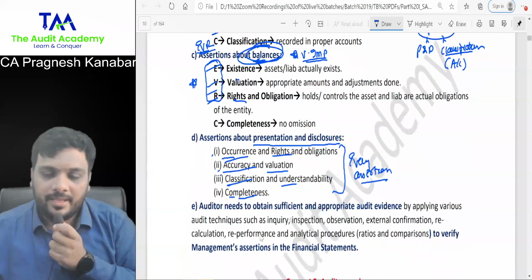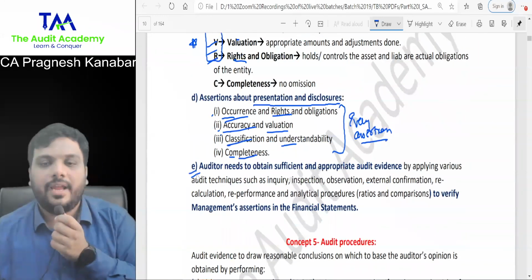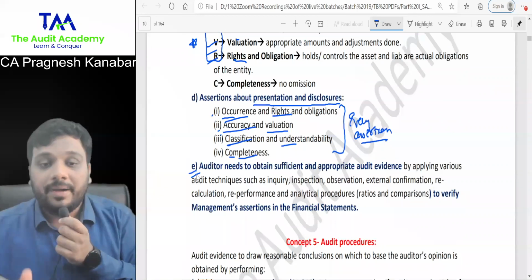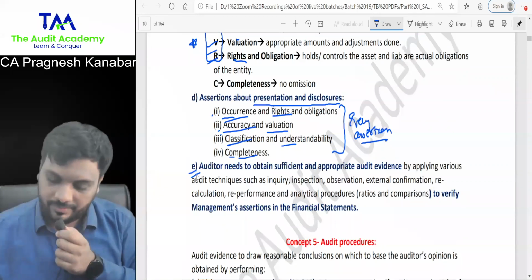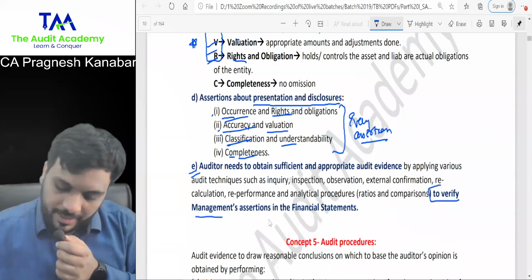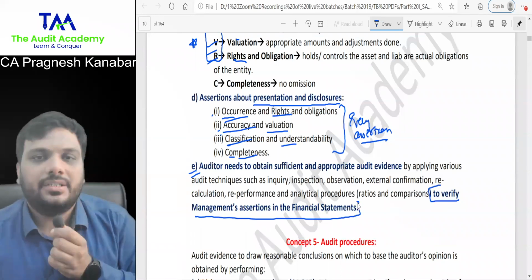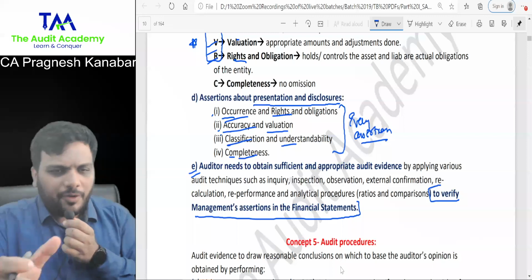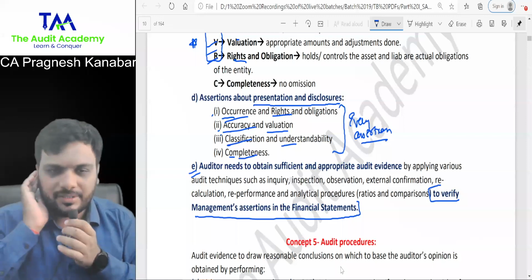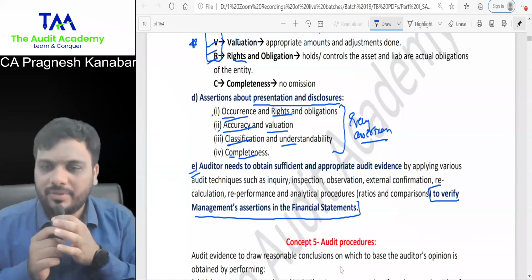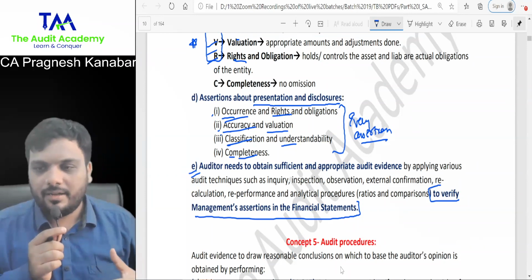Okay. So auditor needs to obtain sufficient and appropriate audit evidence by applying various audit techniques to verify management's assertions in the financial statements. A couple of years back, there was this meme material which was very famous. The kids, and the legends. All right, the kids, boys, and legends.